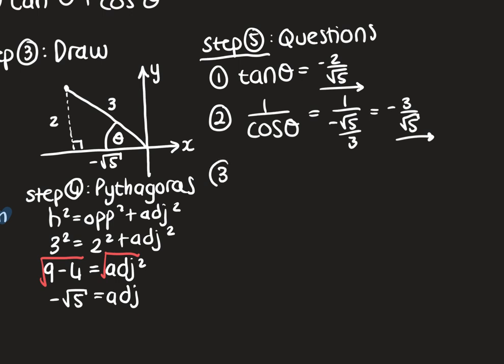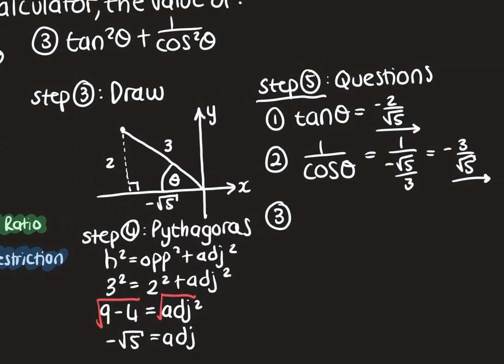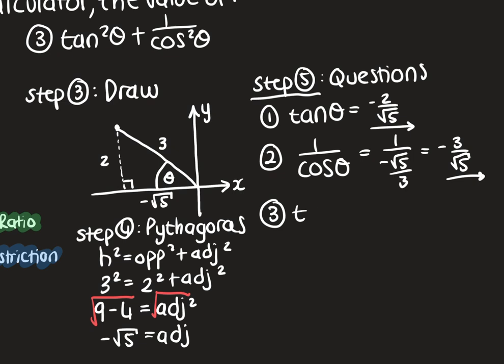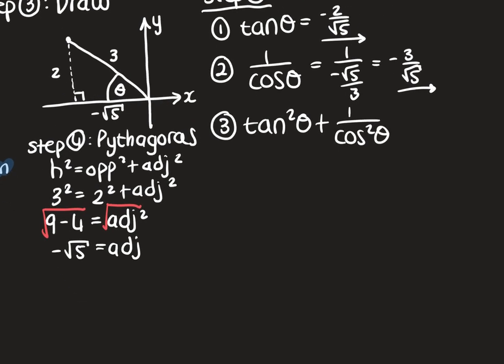Okay, number 3. Let's see the question: tan squared theta plus 1 over cos squared theta. Using our triangle, let's answer this question. So tan, we know, is minus 2 over root 5, squared. Let me be a little bit more specific there so I'm not confusing people. The negative is actually in the middle of the fraction.